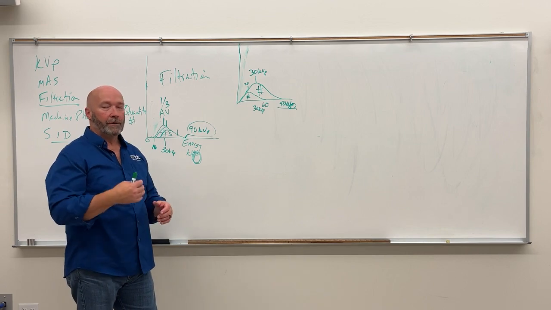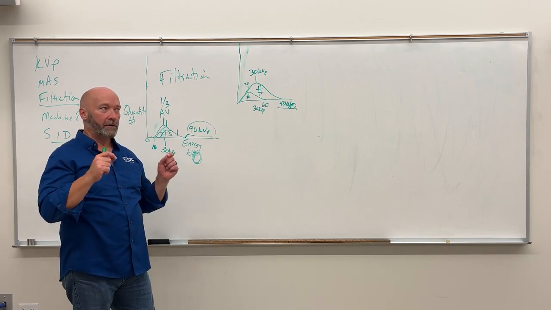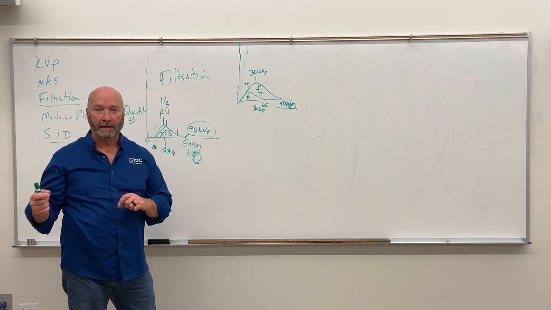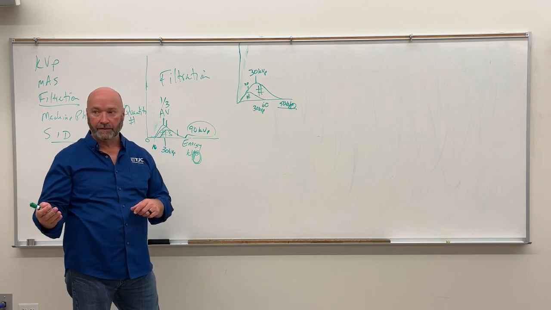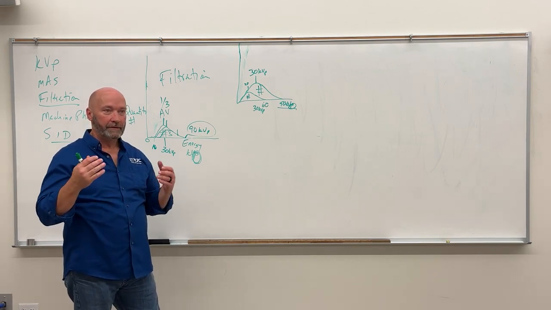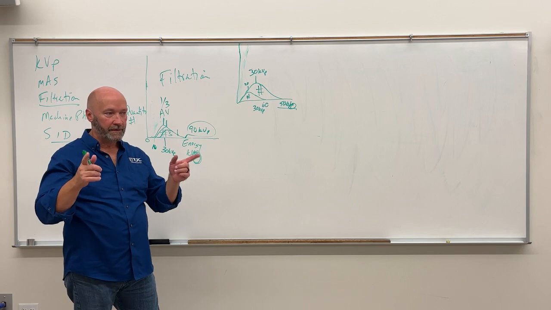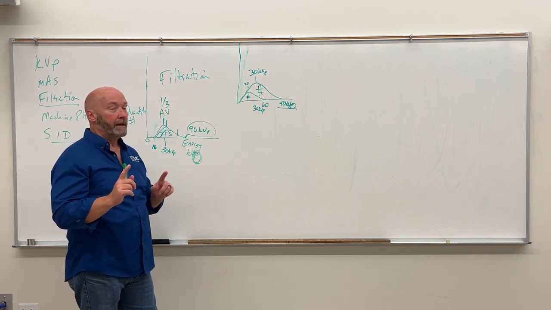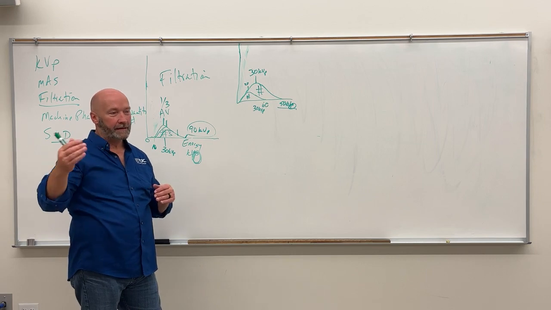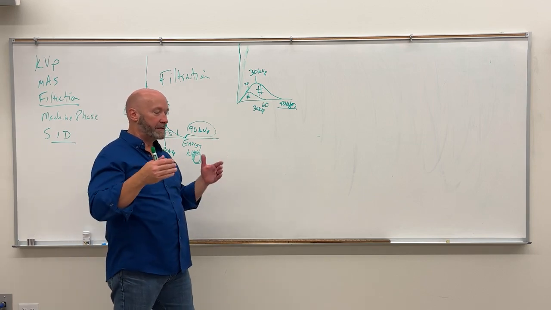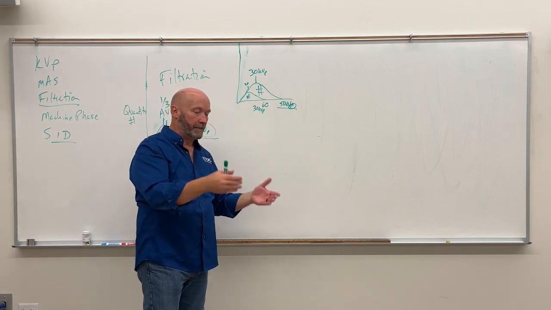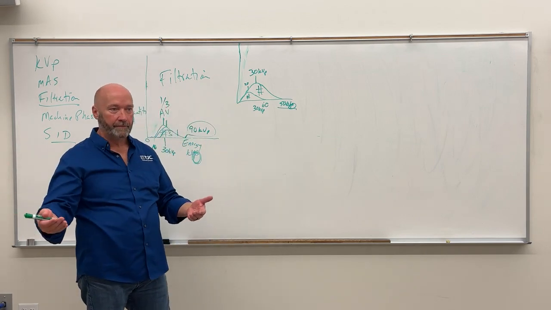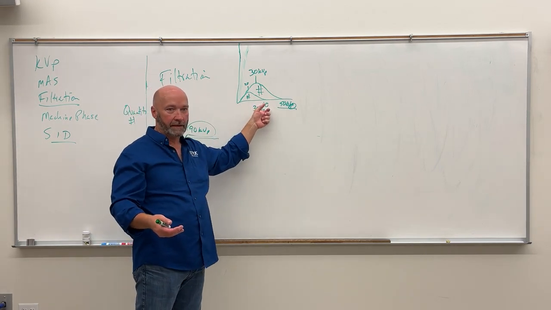As a result, we don't want to use KVP as our go-to change in technique. There are times we need to, but that should not be the first thing we think of when adjusting technique. If we need an increase in penetration, it's getting into next semester, but if we need an increase in image receptor exposure and an increase in penetration, this is our technique.